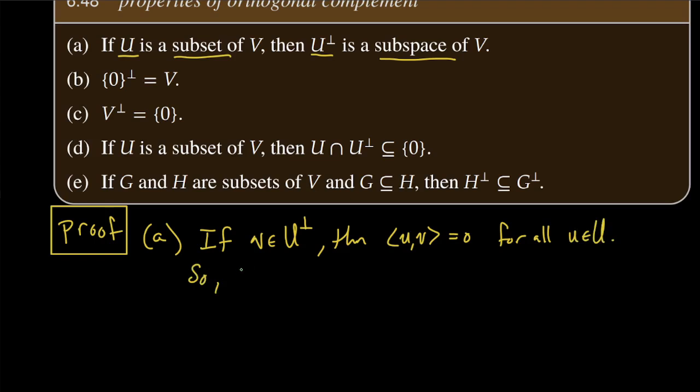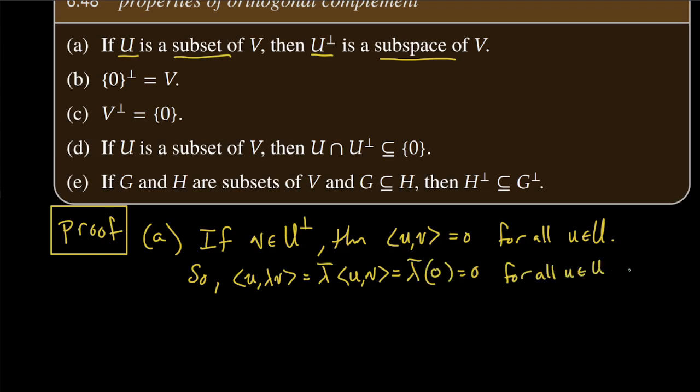So, ⟨u, λv⟩, which is equal to λ-bar times the inner product of u with v, well, that's just λ-bar times 0, which is 0, for all u in U, and λv is in U perp as well.